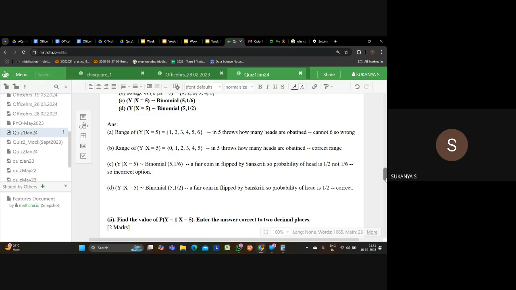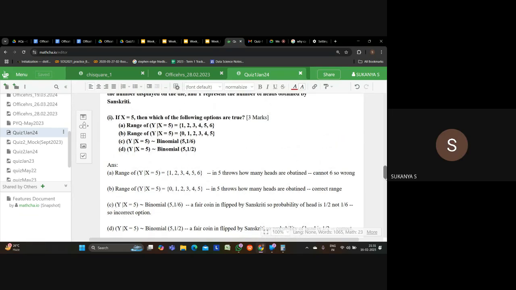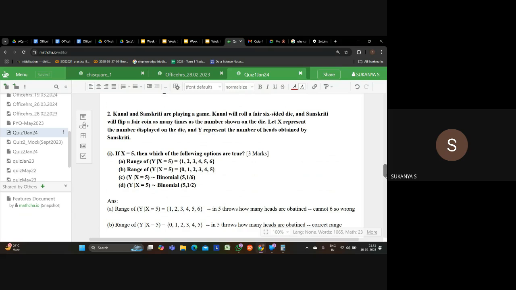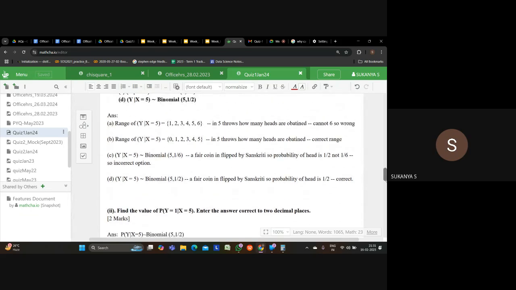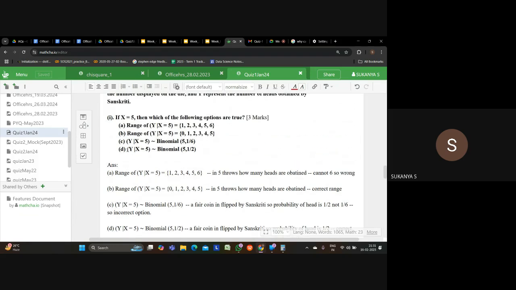It is simply the die roll: what is the probability of getting 5 in rolling a die? 1/6. But you don't have to do that. It is directly Y given X following a binomial, so you just have to put x equal to 1 in this particular PMF.